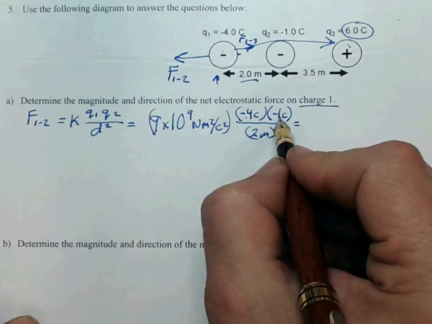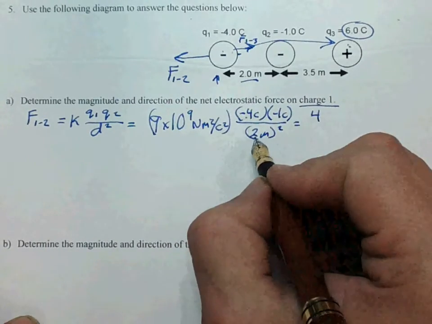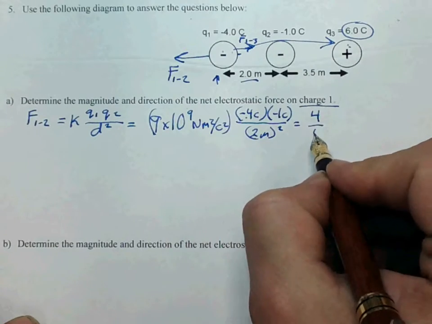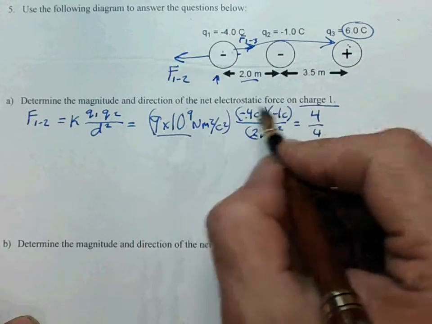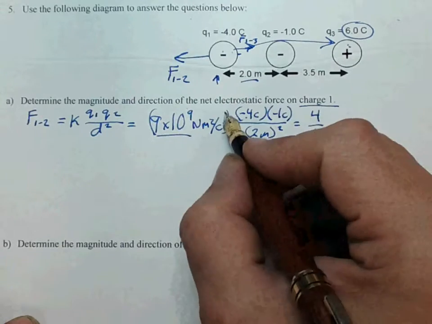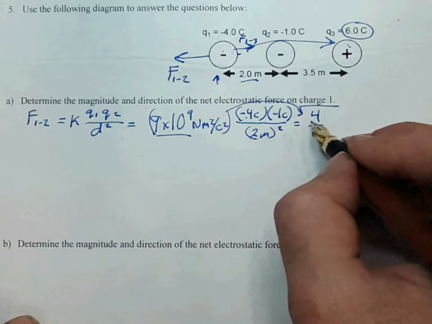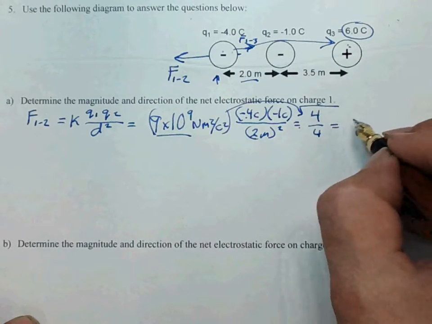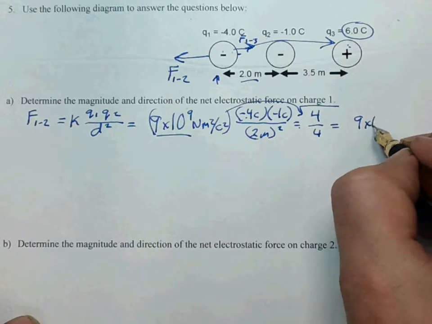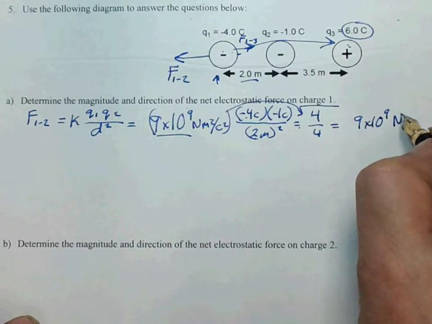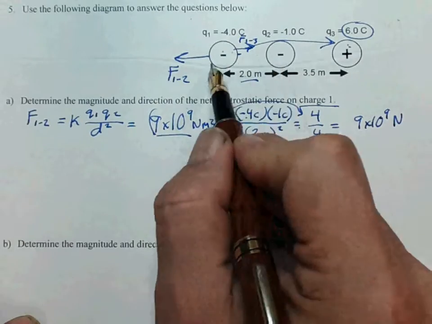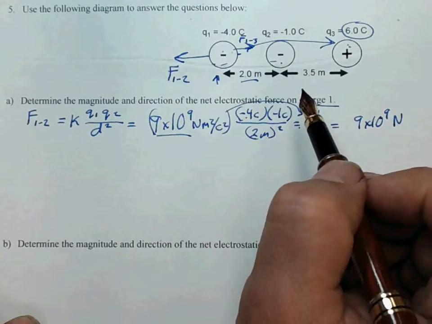Negative 4 times negative 1 is of course 4, and 2 meters squared is of course 4, and that's multiplied by our 9 times 10 to the 9th, which I didn't write, which would go in here. So we end up with the force being 9 times 10 to the 9th newtons. That's the force that's repelling these two from each other.